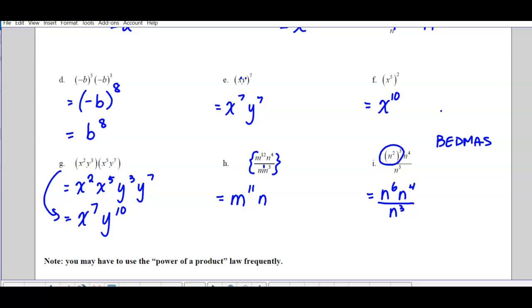Then you can do this all at once, or you can simplify the numerator. So that would be n to the 10, because you're multiplying powers at the same base. And then you're dividing. So that's going to be n to the 7. You subtract the exponents. Okay? If you wanted to, you could do it all at once. It's really you're going n to the 6 plus 4 minus 3, which is n to the 7.